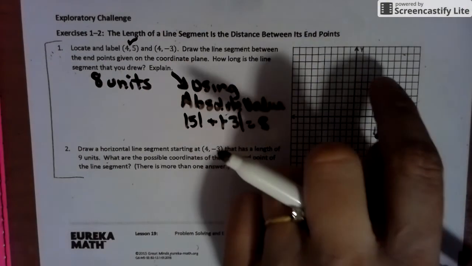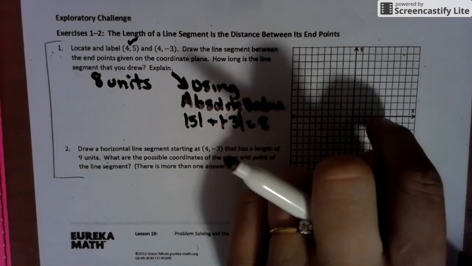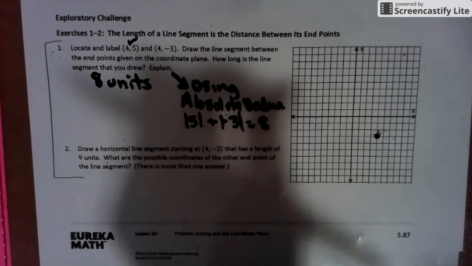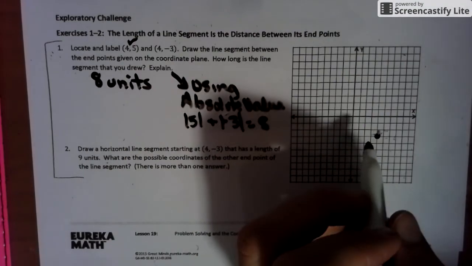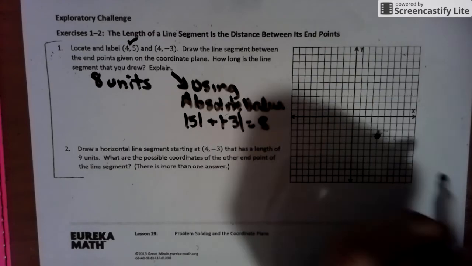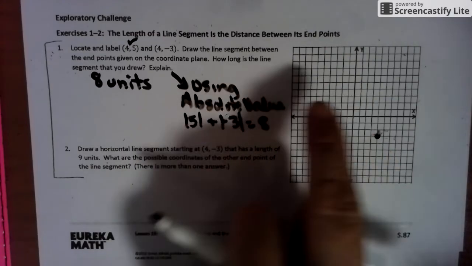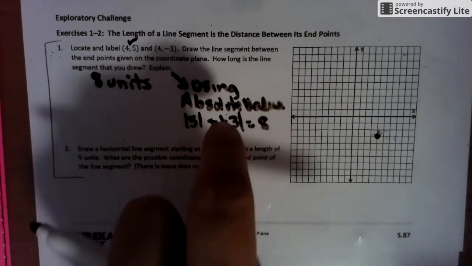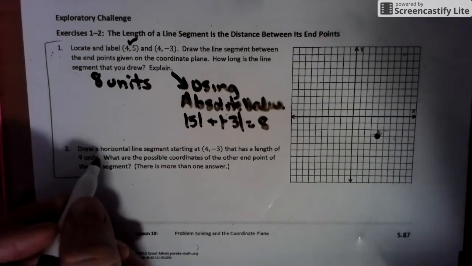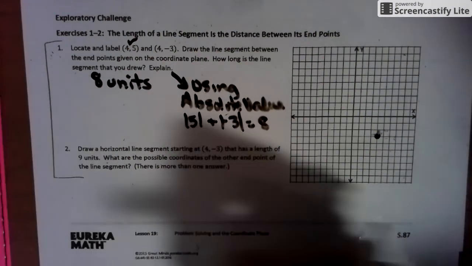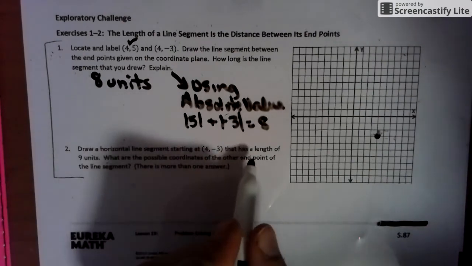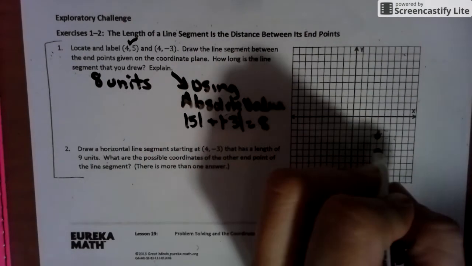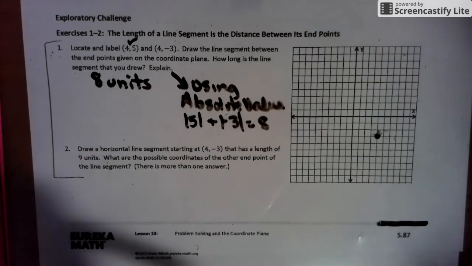I'm going to get rid of everything except that. You could switch to a pen or a colored pencil so you can show the difference. Draw a horizontal line, remember horizontal, straight across like that, that has a length of 9 units.